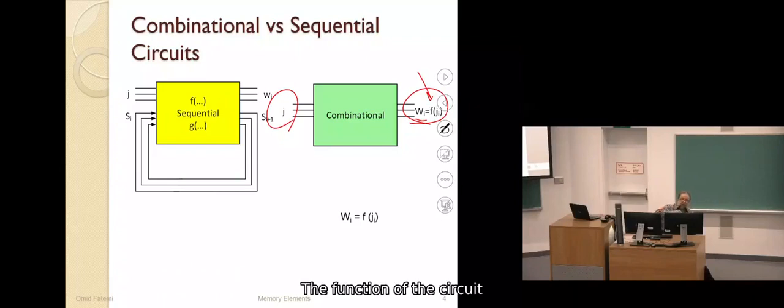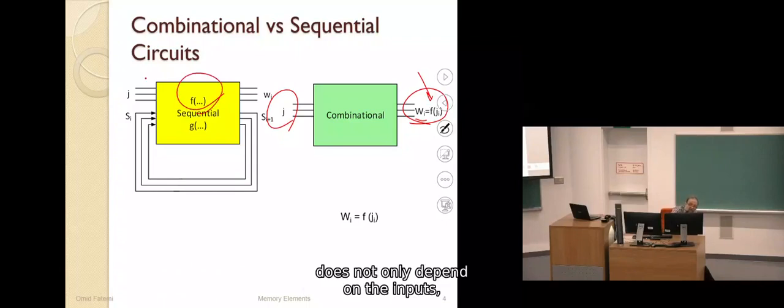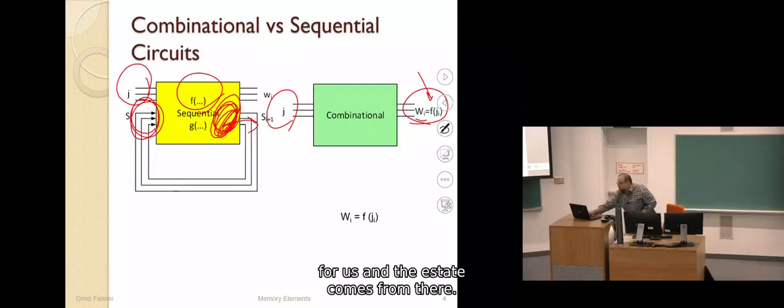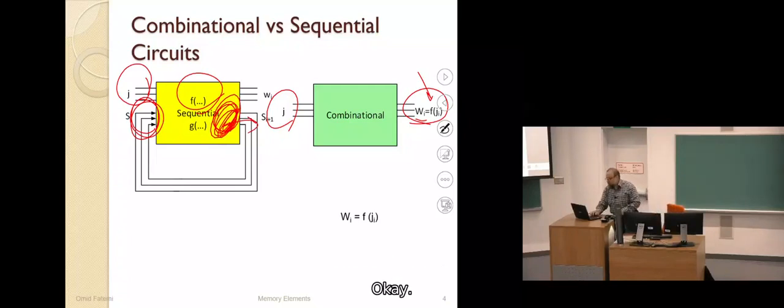So the function of the circuit does not only depend on the inputs, but also depends on something else, which we call a state. And where does a state come from? From the circuit itself. The combination of whatever is here will form some kind of state for us, and the state comes from there. Okay?